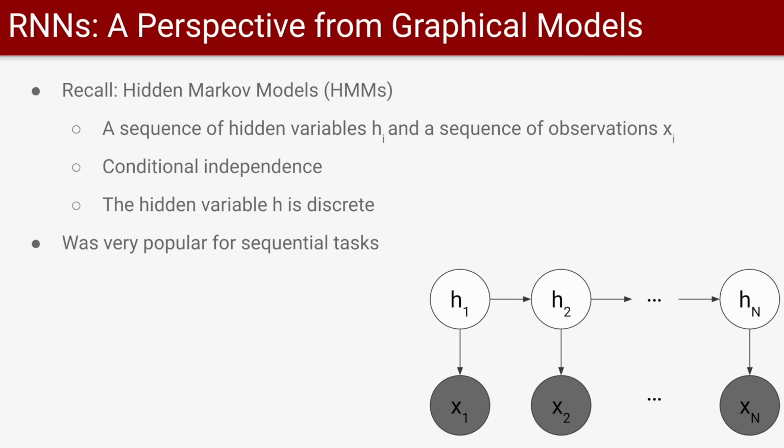If we draw hidden Markov models as a graphical model, we will have a figure that looks like this. Hidden Markov models were very popular for sequential tasks probably like 20 years ago, while nowadays people are switching to those fancy recurrent neural networks or transformers.